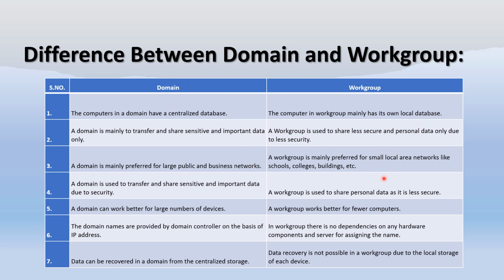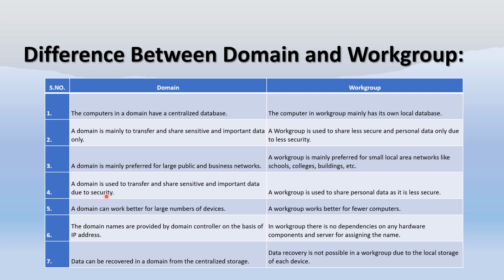In a workgroup, consider IT people or managers. They have their own laptop or dedicated PC which is assigned to them, so they can only use that particular dedicated system to access and work. That PC or system belongs to a workgroup.